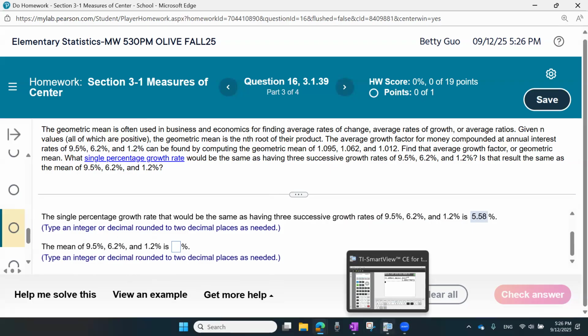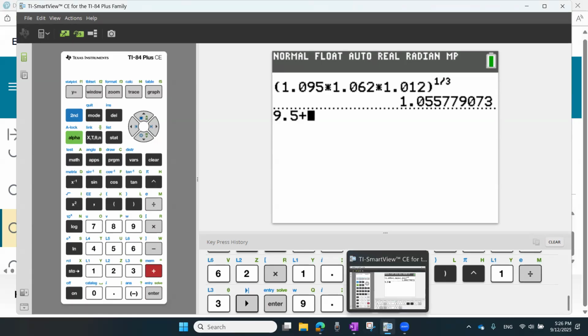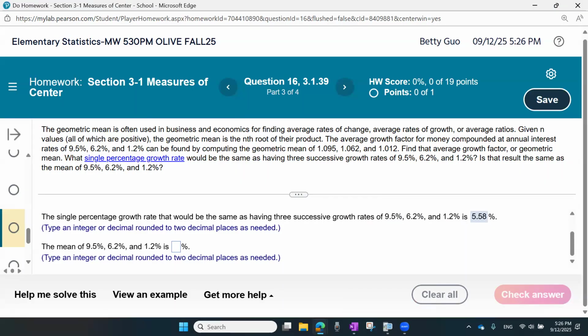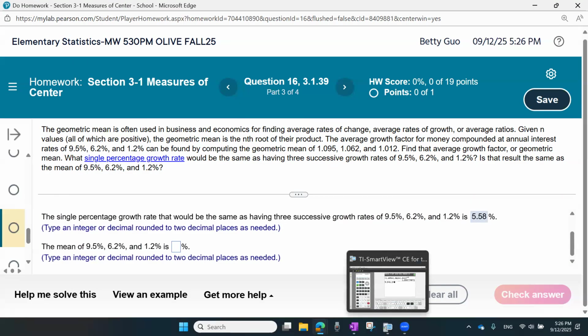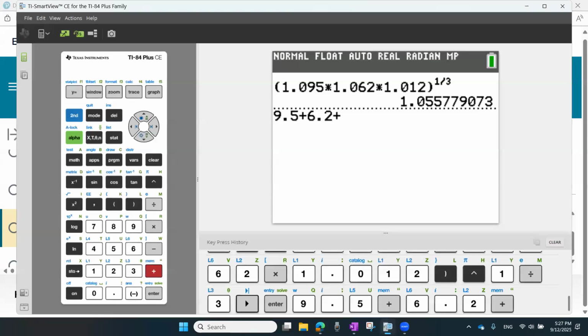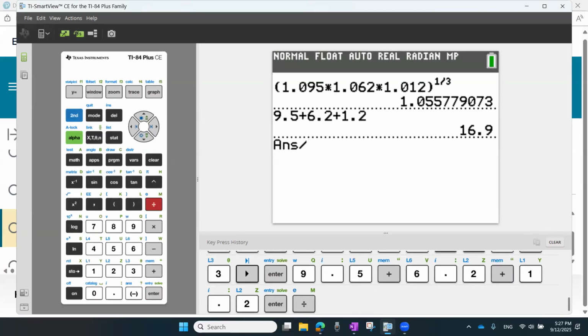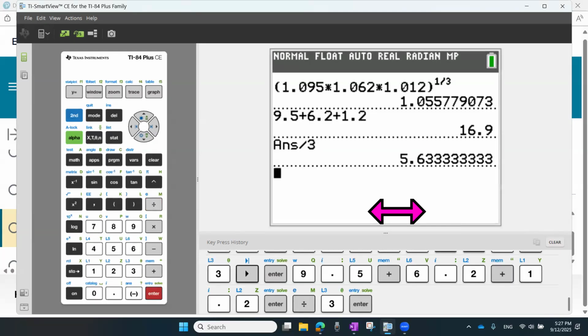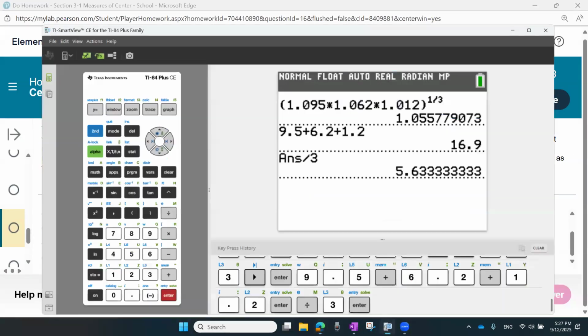So we're going to have 9.5 plus 6.2 plus 1.2. That's the sum, and divide by 3. How do we round it? Round to 2 decimal places.